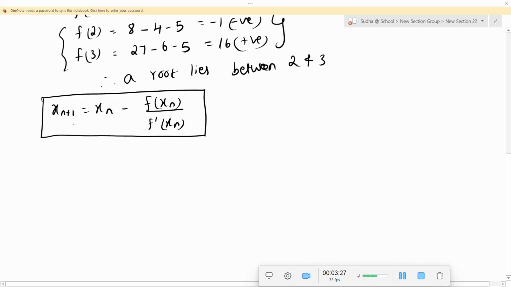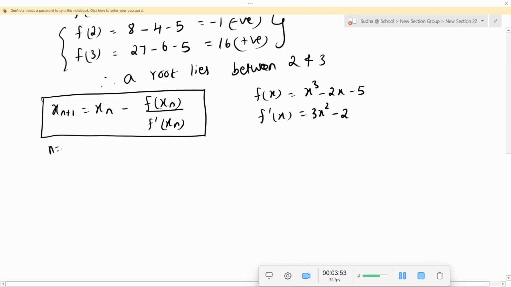If we put n equal to 0, then we'll get the first iteration. The given f of x equal to x cube minus 2x minus 5. For the denominator f dash of x n, we should differentiate with respect to x. The derivative of x cube is 3x square, and of minus 2x is minus 2.